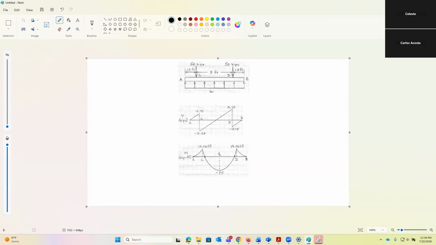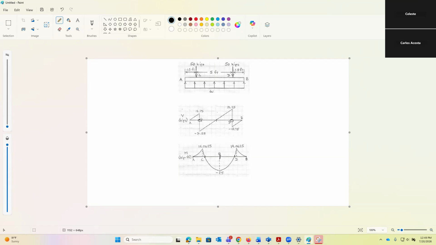We know we have certain points that are important. We have one right here, that is the center line. We have one right here. We have one right here. So with those points, we can draw our diagram.